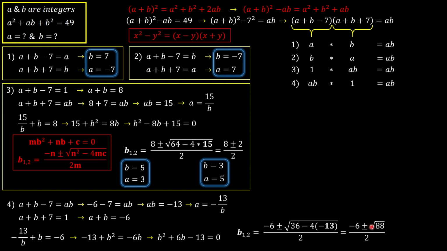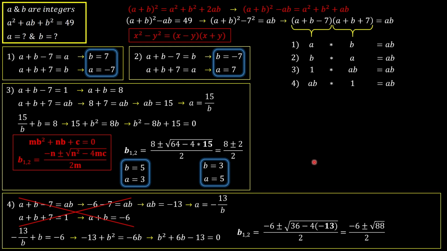And the square root of 88 is not an integer value. So this solution we cannot use, because in the beginning of the problem we stated that a and b are integers. Now let's look for another possible solution. What if ab equals 0?